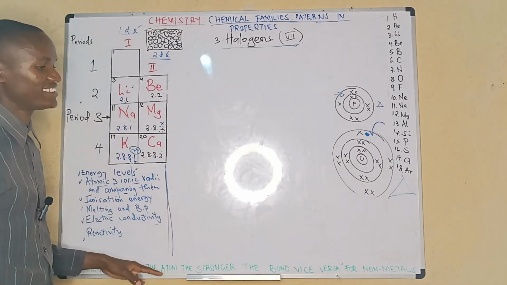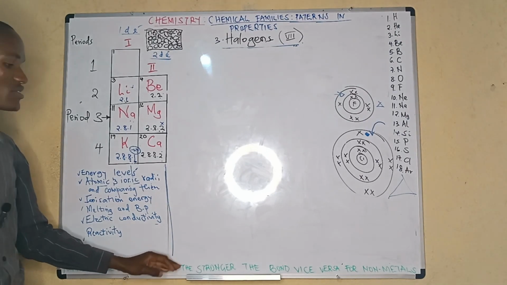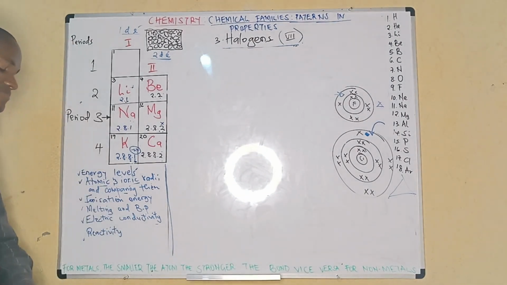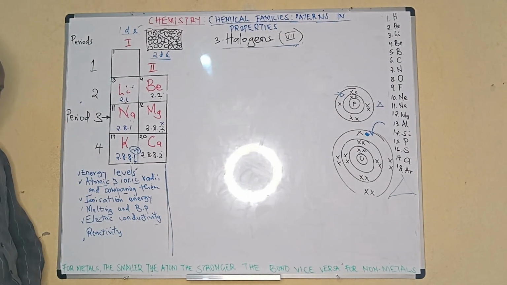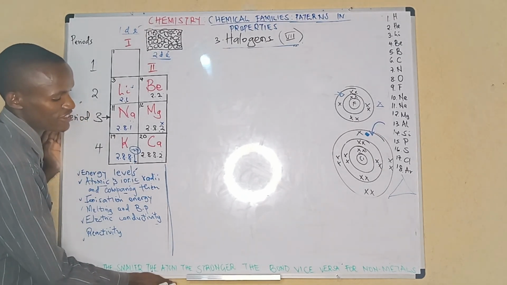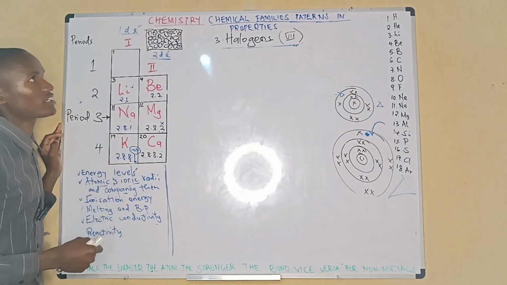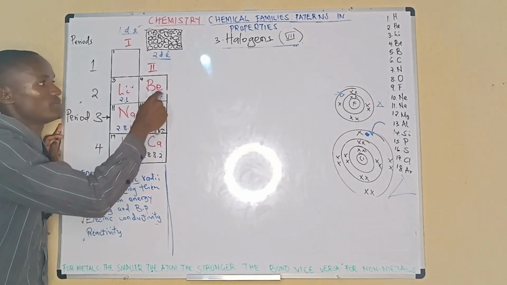there's something I wrote here. For metals, the smaller the atom, the stronger the bond. I believe it is visible. And that one comes from the metallic bond.